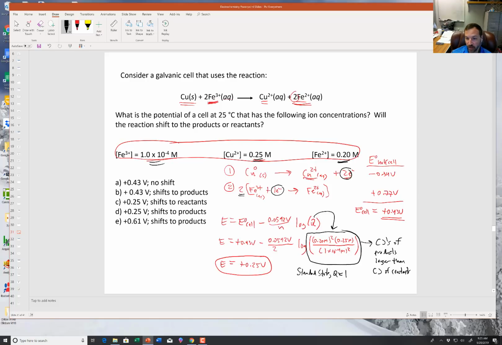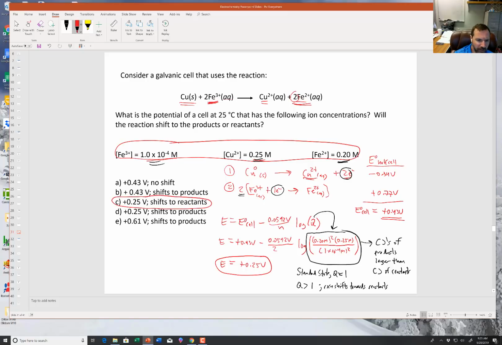Q equals 1, we can see then that we have now a Q that's greater than 1. So that's going to then shift the reaction towards reactants. So we know then that must be answer choice C.